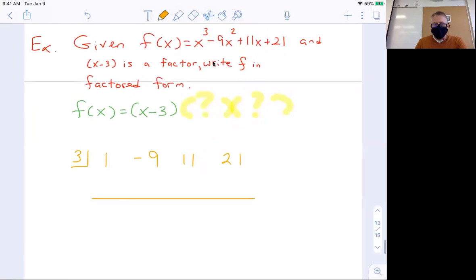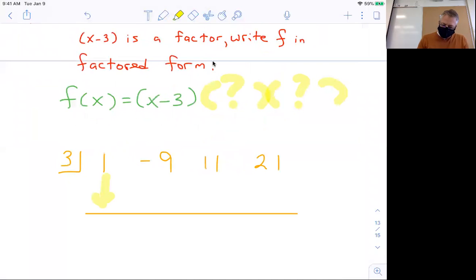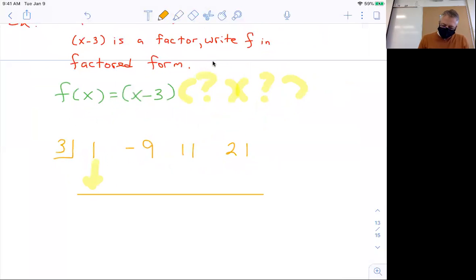All right, so I'll do this a couple times because it might seem confusing at first. But when we do this, the first number, the 1, we just bring straight down. And then we're going to take the number inside this box, 3, and multiply it by that number and put it there.